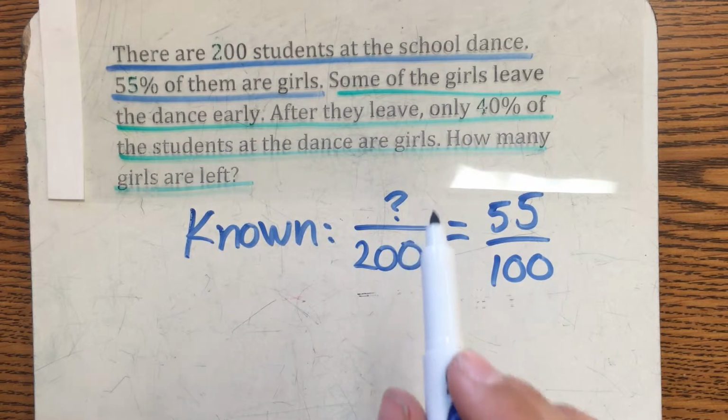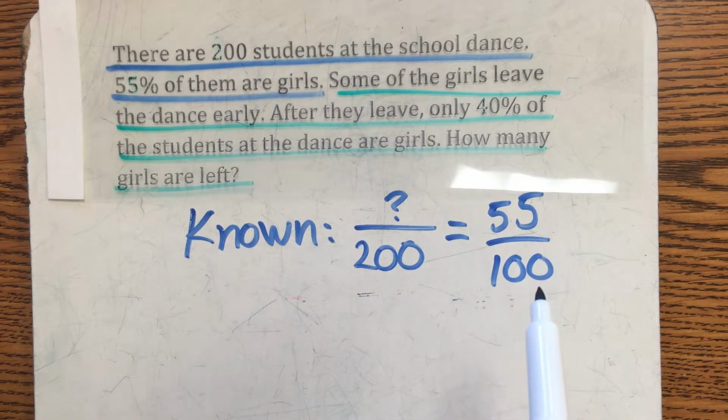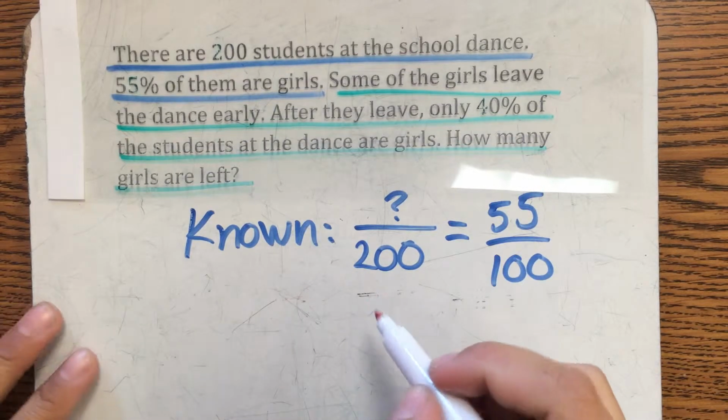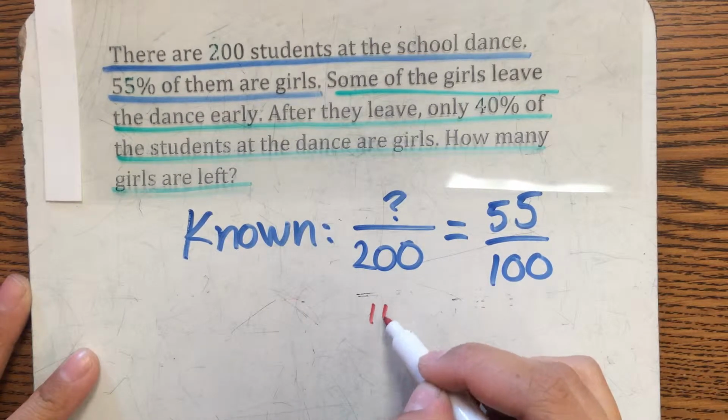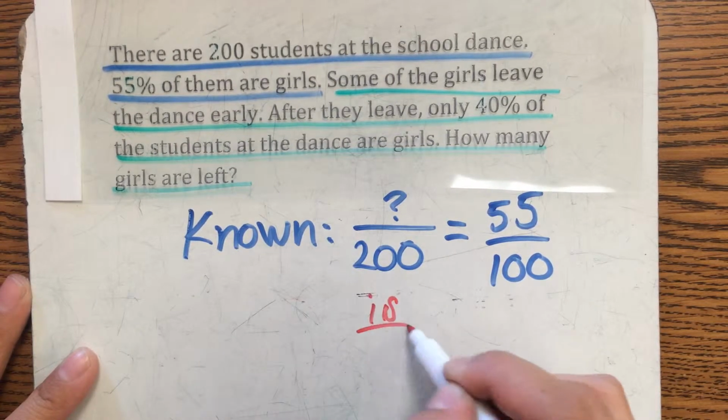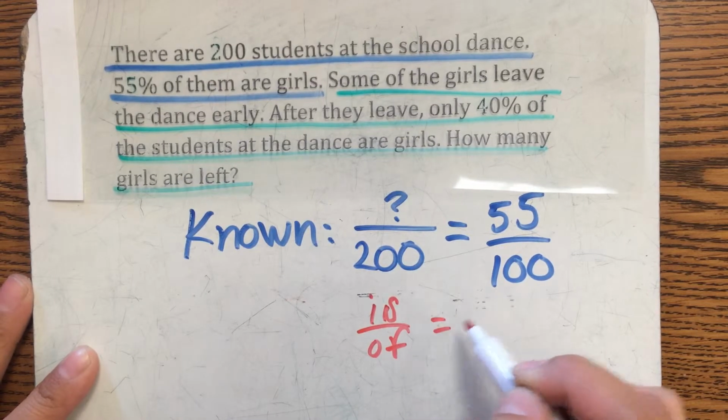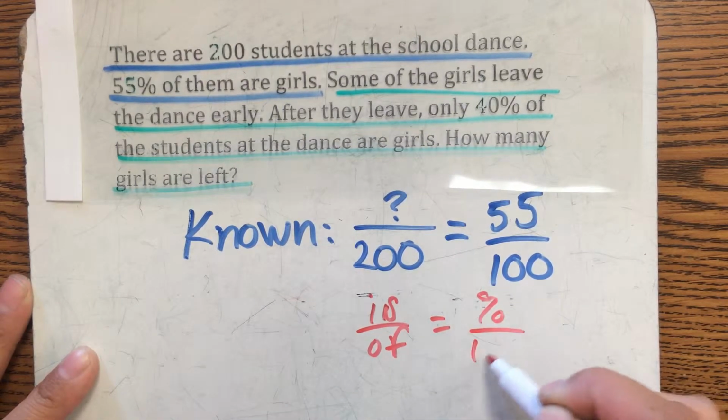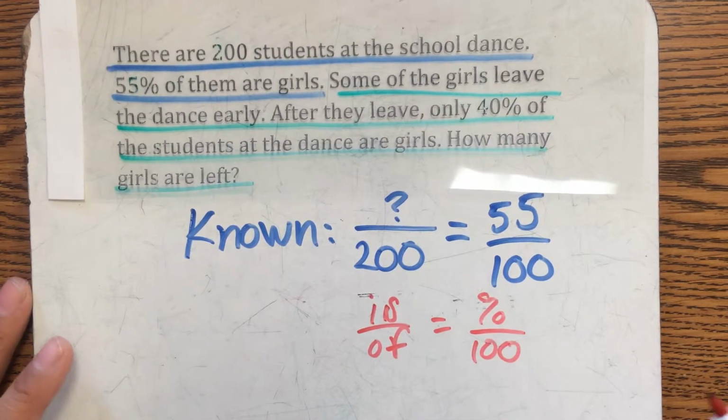A lot of you didn't understand how I set up this relationship in class. If you remember the notes about percentages, you'll remember that is over of equals percent over 100.